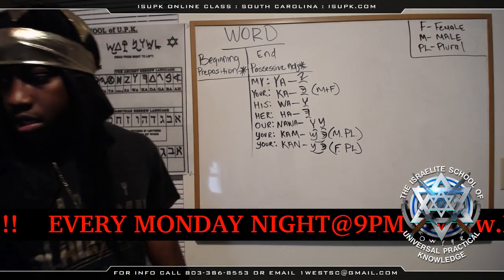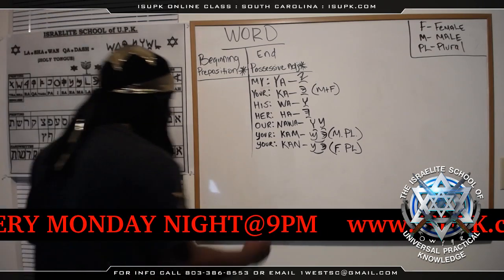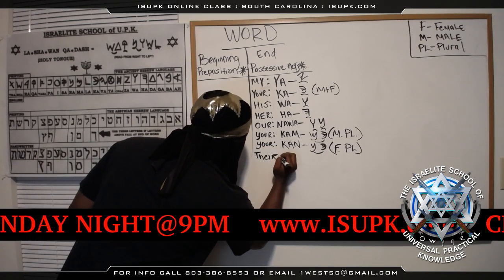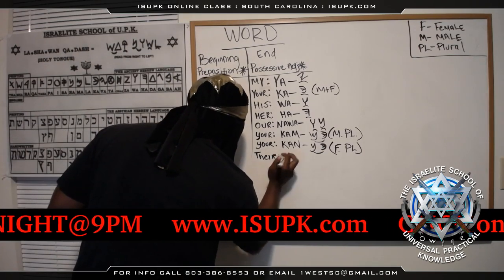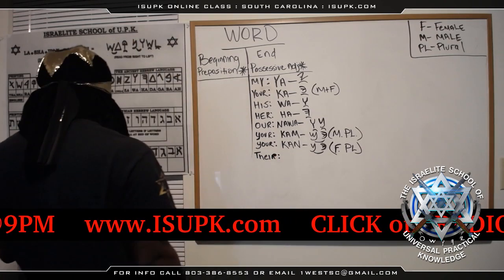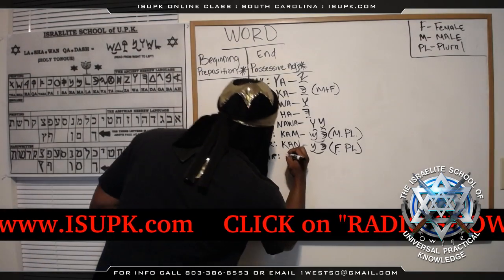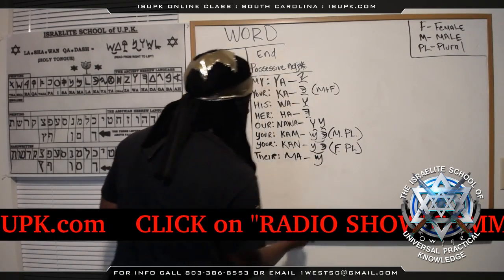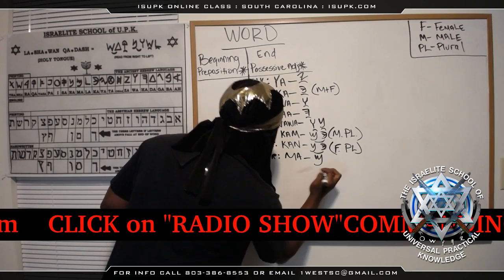So, now that we have that, that's your possessive, then we have their. Their masculine is going to be ma. Ma looks like that, with an upside down connector.